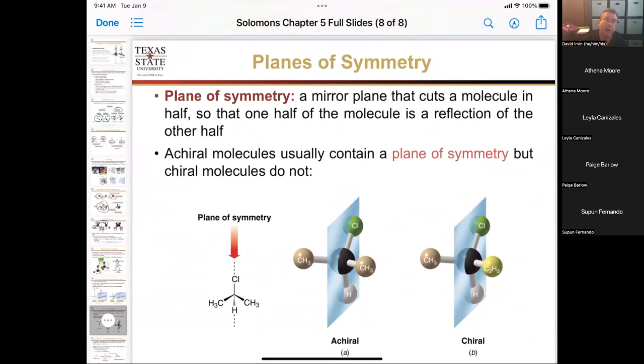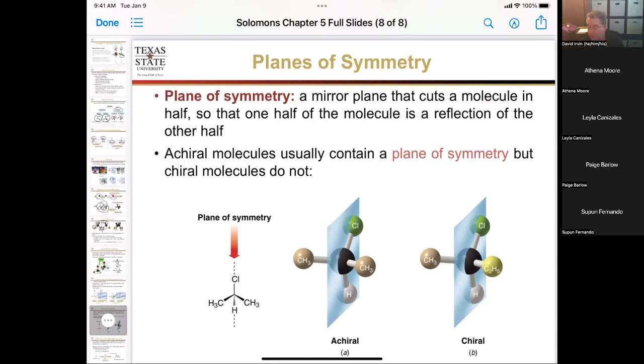So does that mean that all things with 4 different things bonded to it are chiral? Not necessarily, because we have to look for what we call a plane of symmetry. If there's any place in a molecule you can draw a mirror and it's the same on both sides of the mirror, it is not chiral.